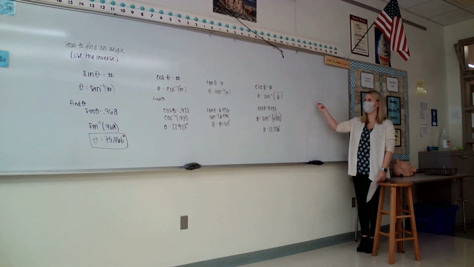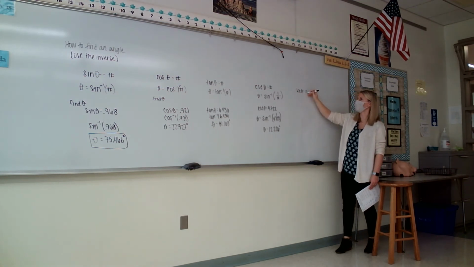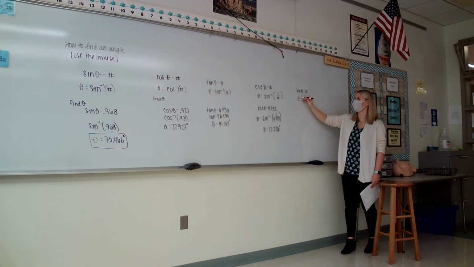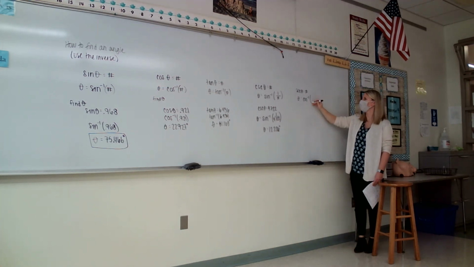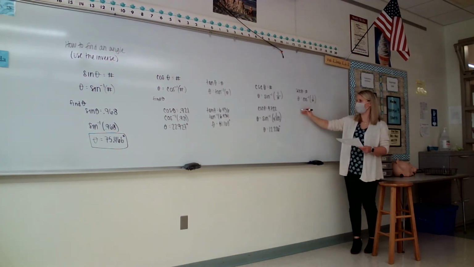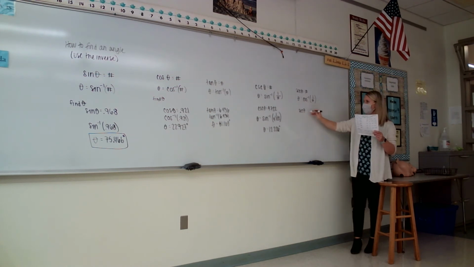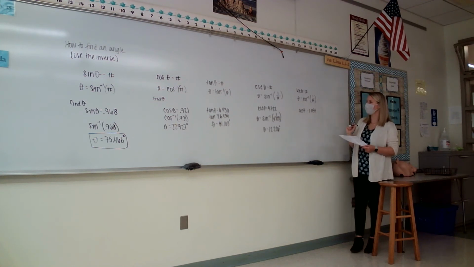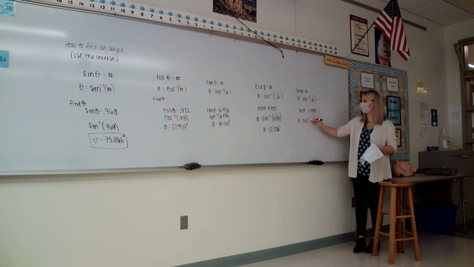So you can probably guess from that one what the other ones are gonna look like. Secant of an angle, if it's equal to a number, to find the angle, you're going to do the inverse cosine of 1 over the number. Just as a quick thing, if I say secant theta equals 1.054, you would say, okay, secant, I don't have that button. So to find theta, I'm gonna do the inverse cosine.